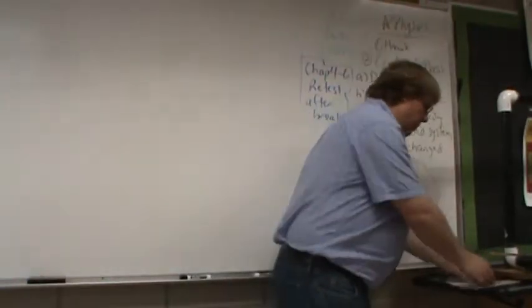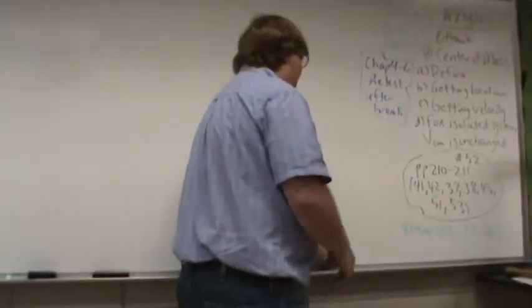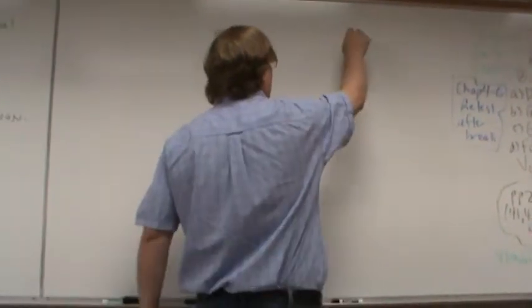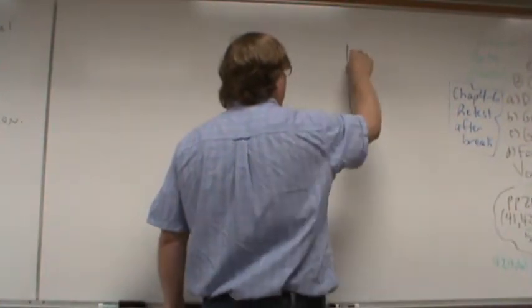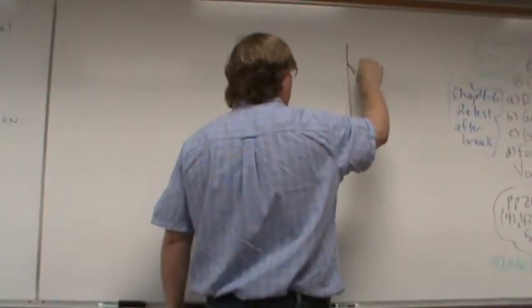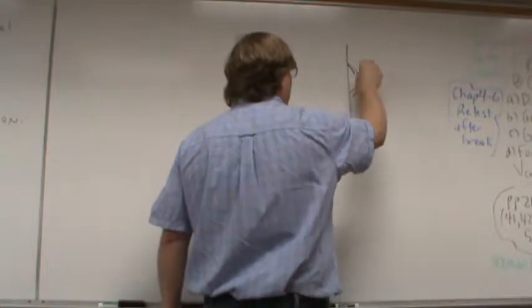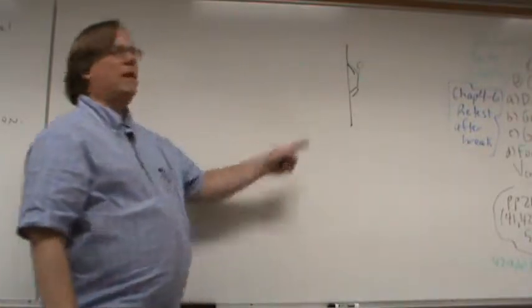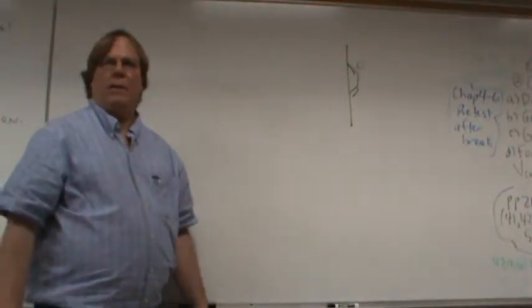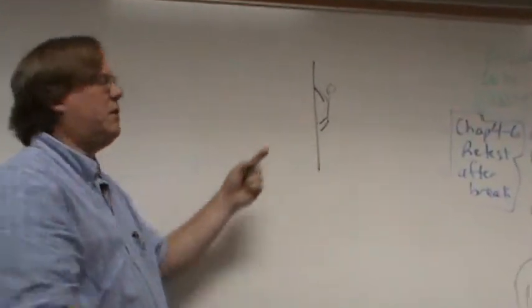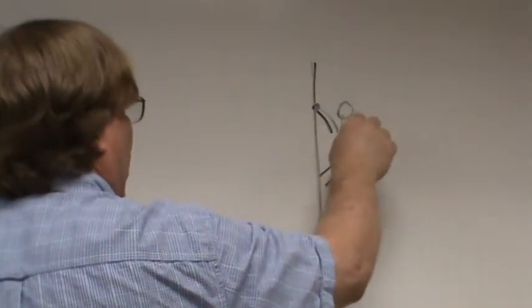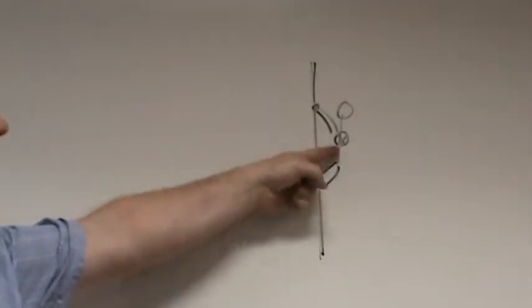So, for example, when someone draws a person climbing a rope, here's the rope, and here's the person climbing the rope, okay? This is not an accurate drawing because this person is essentially suspended from this point, and his center of mass has to be directly below that point of suspension.